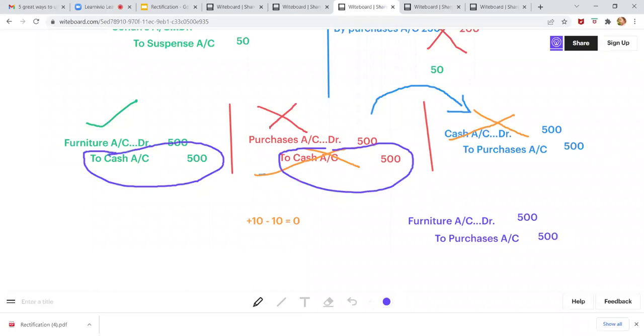It is already right. So we have to rectify only the things which require some rectification or have some errors.